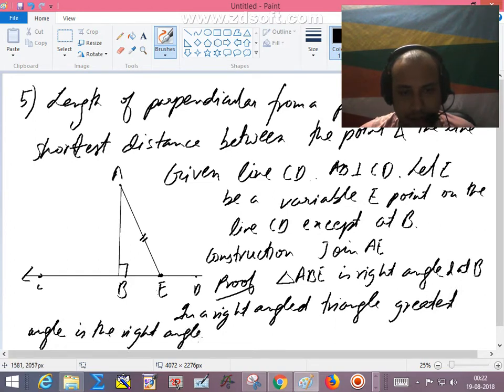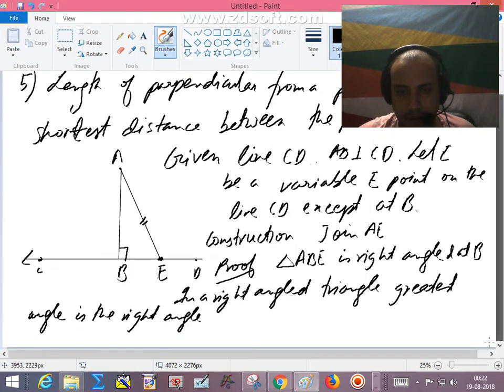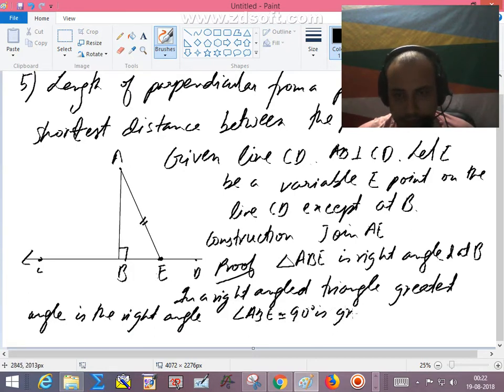So that means angle ABE equal to 90 degrees is greatest. Secondly, suppose we compare the angle ABE and AEB.